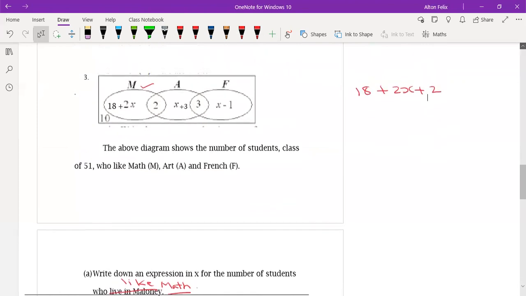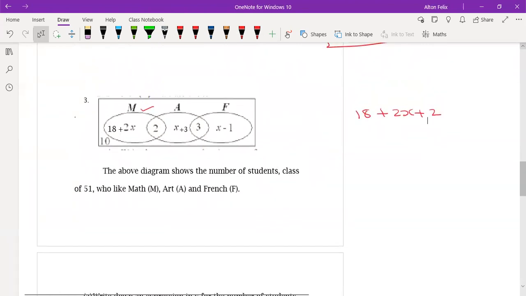Be mindful that there are 51 students in the class, and 10 of them do not like either of these subjects. So the sum of the students that like math or art or French would be 41. 41 plus this 10 outside here would give us the total 51.